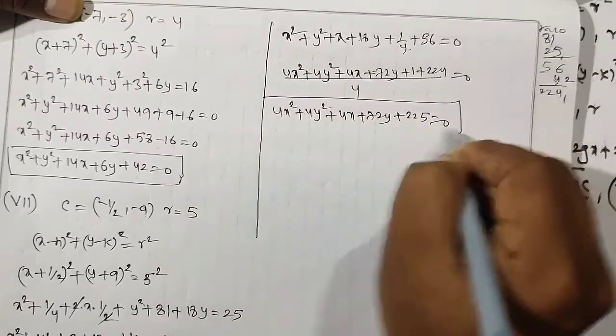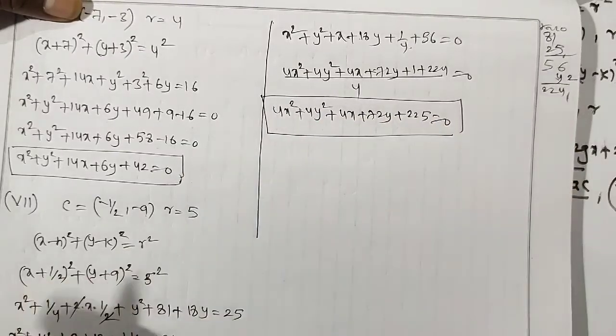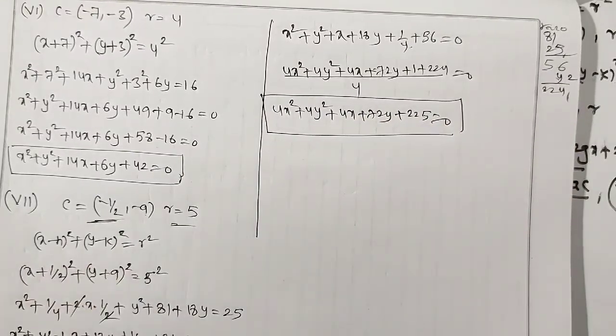This is the circle equation for the given centre and radius.